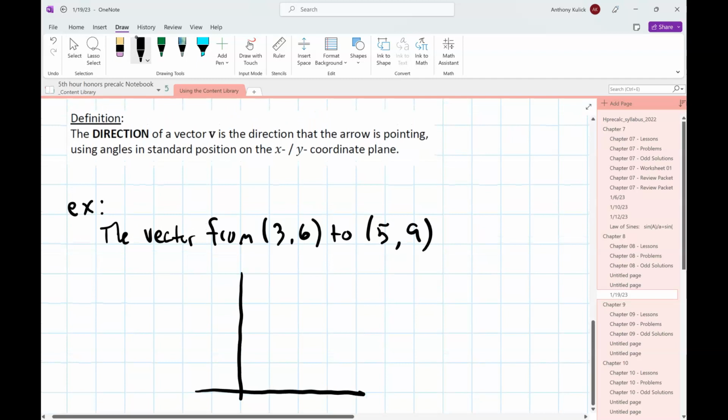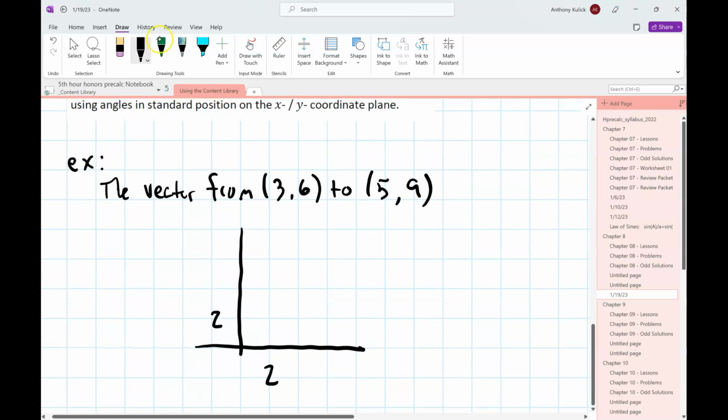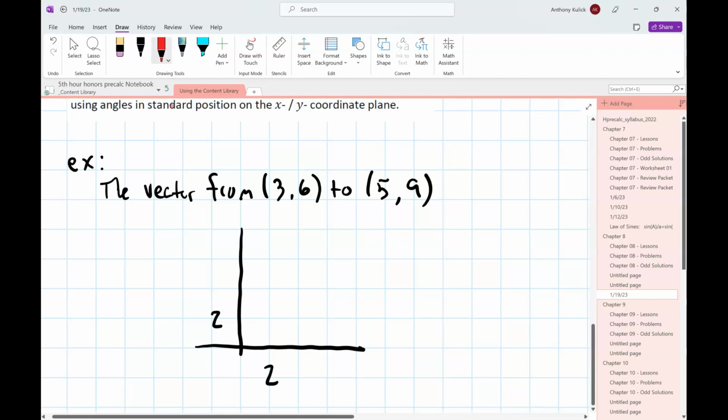So if we drew that, going up by 2's, we'd be talking about this vector, right?